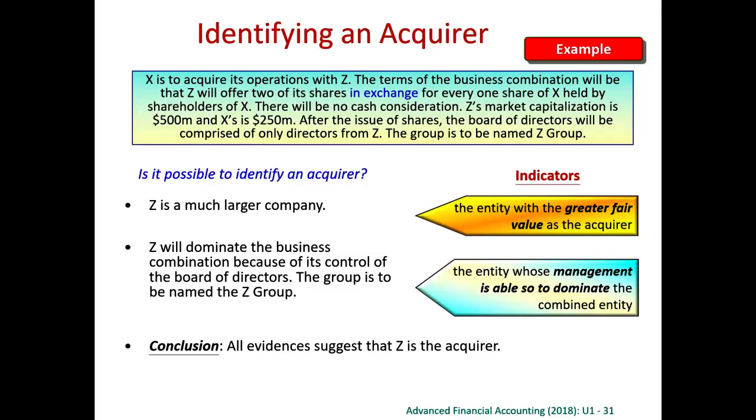And the group is to be named as the Z group. Because Z is much bigger and its directors, its management, will dominate the business combination, all this evidence suggests that Z is the acquirer. Always we have to consider all the facts and circumstances to determine the acquirer.